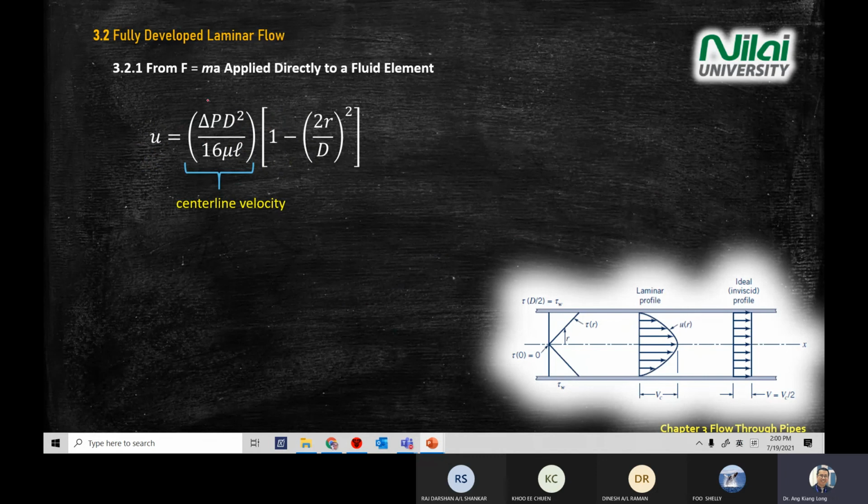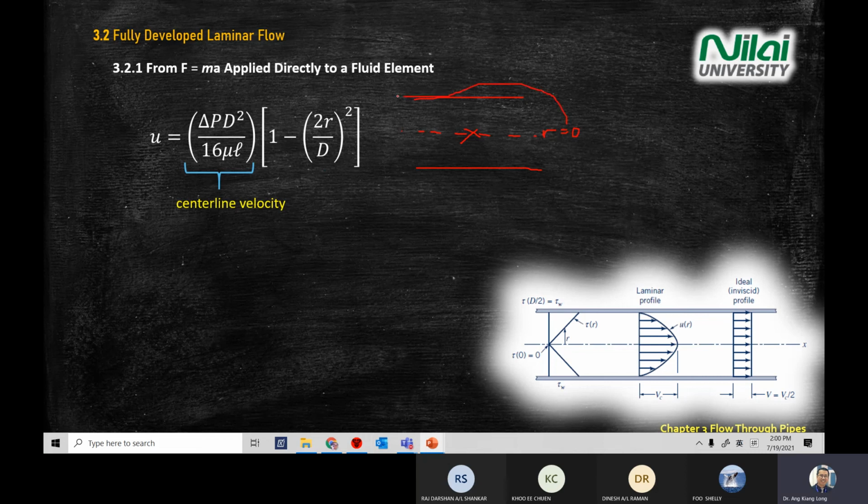What is meant by this parameter in front of the bracket here? It means centerline velocity. So if you want to find centerline velocity in a straight pipe, and the question straight away asks you what the centerline velocity is, you use this equation. What is the R value for centerline? 0.